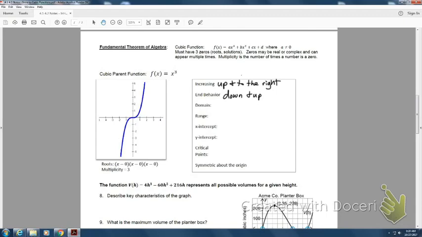Okay, domain. The good thing about the domain on all cubic functions is it is going to be negative infinity to positive infinity. Good thing about the range, it's always going to be negative infinity to positive infinity.